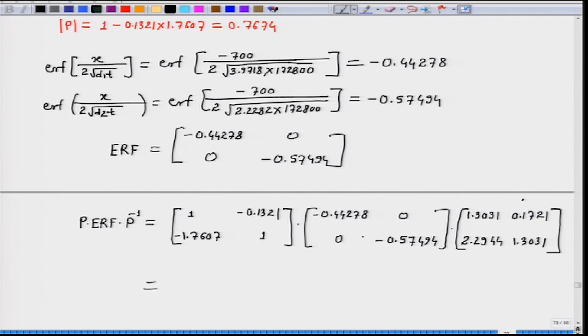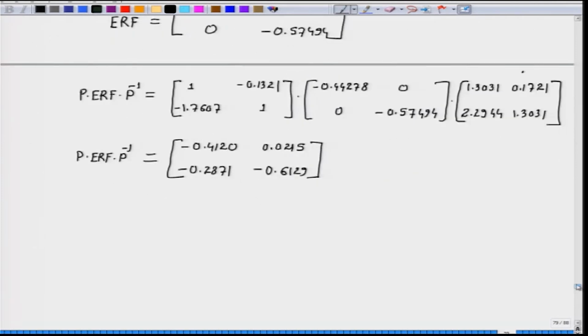So, we can take the product of first two and then again take the next product. If you solve this, we will get P times ERF times P inverse, a 2 by 2 matrix of minus 0.4120, 0.0215, minus 0.2871, minus 0.6129.